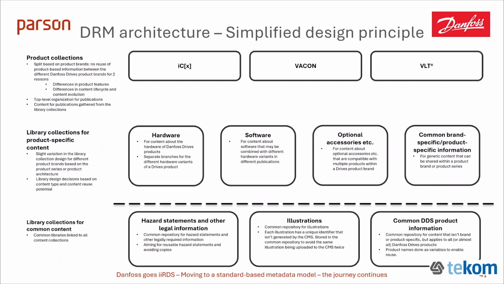And the content for the publications is gathered from the library collections below. And we created specific library connections going from the back here: common, brand-specific or product-specific information, which can be shared between product brands or product series. And then optional content, that's accessories and so on, that can be shared across multiple products.